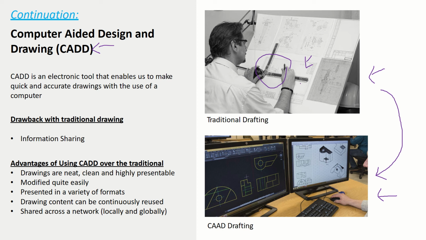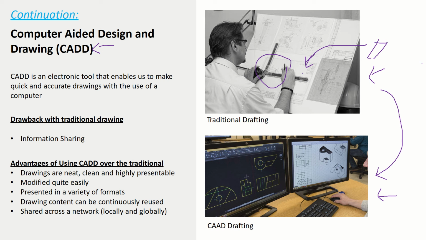He can't erase it, and he has probably only made one copy. Also, if you wanted to send this drawing to multiple people, you either have to photocopy it or redraw many of these, basically multiple copies, so that you can distribute them to different people.